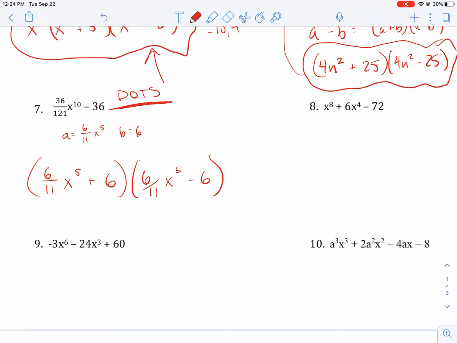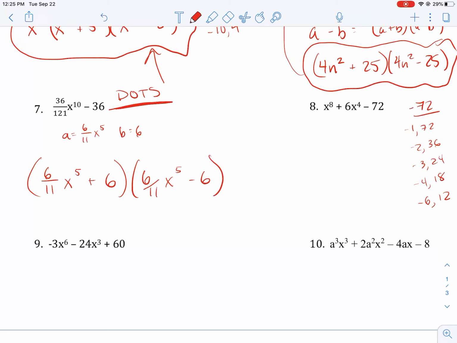Number 8. Okay, so we're looking at the factors of negative 72. Right, this is double this, so we're good there. We're going to go negative 1 and 72, negative 2 and 36, negative 3 and 24, negative 4 and 18, negative 6 and 12.